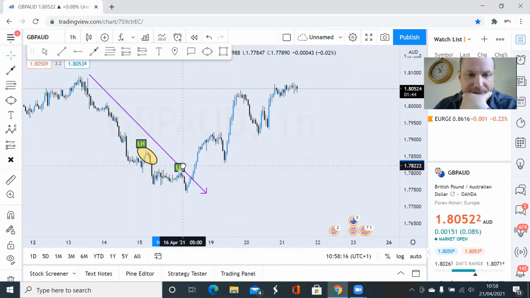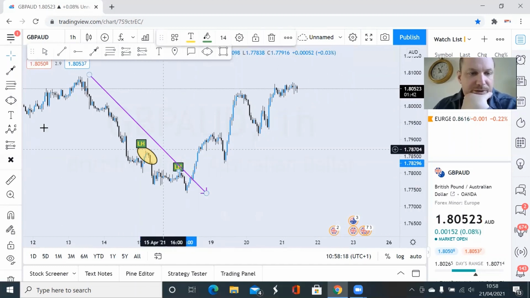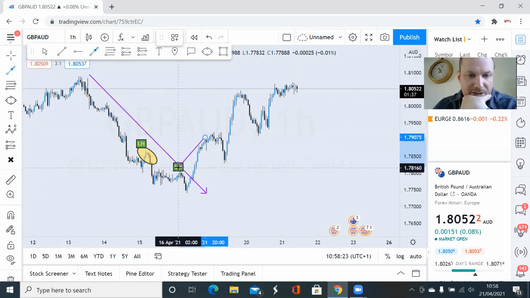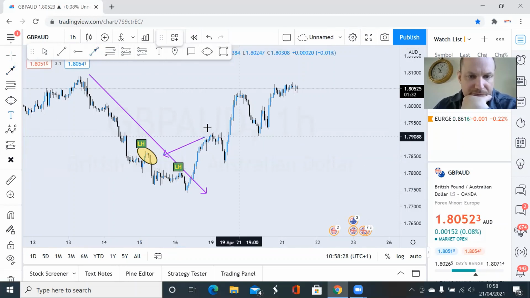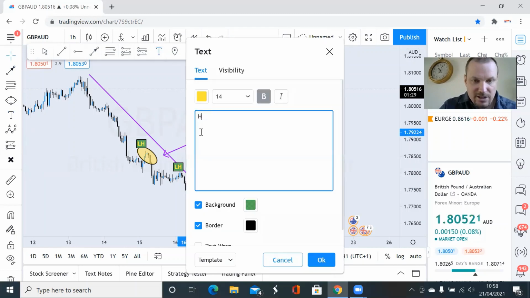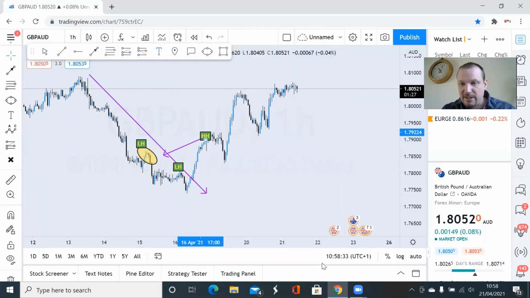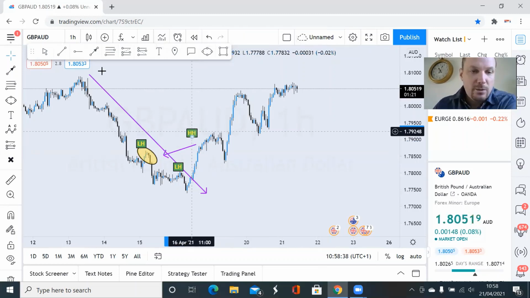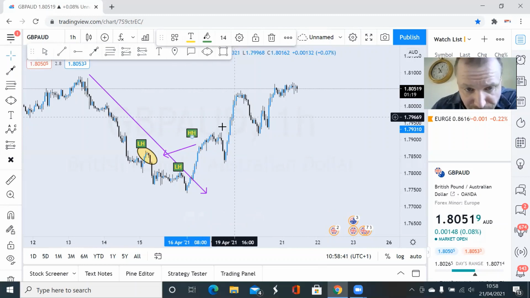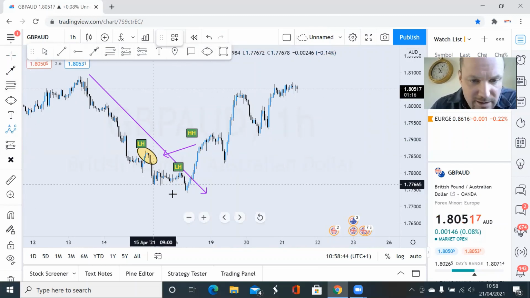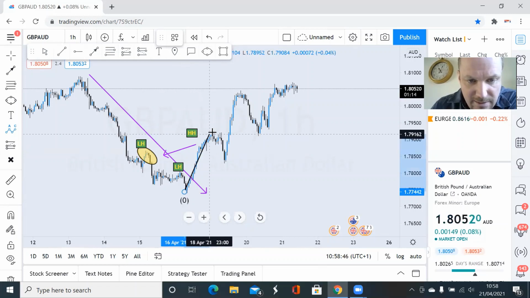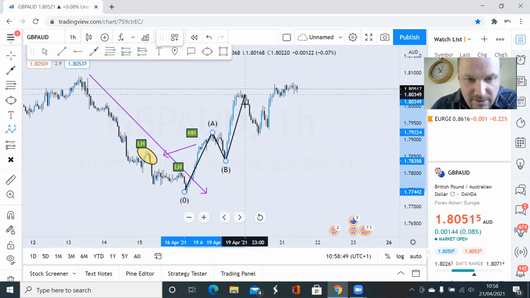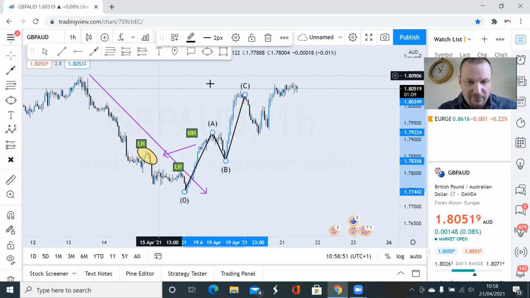You've got another one there, to be fair. But as we've come down, from this point and this point, has broken structure, okay? This here has created a higher high. You should all know this sort of structure and this sort of technique. So you can see we've come down a downtrend, we've come out, and what we've got basically is an A, B, C. Hopefully you're following along.